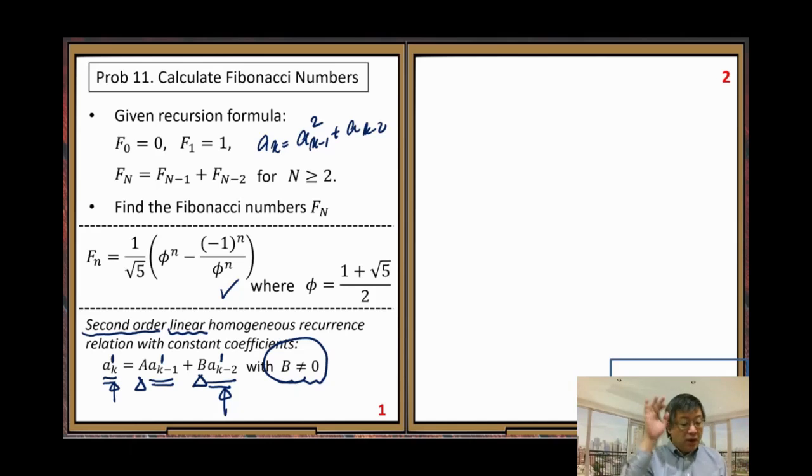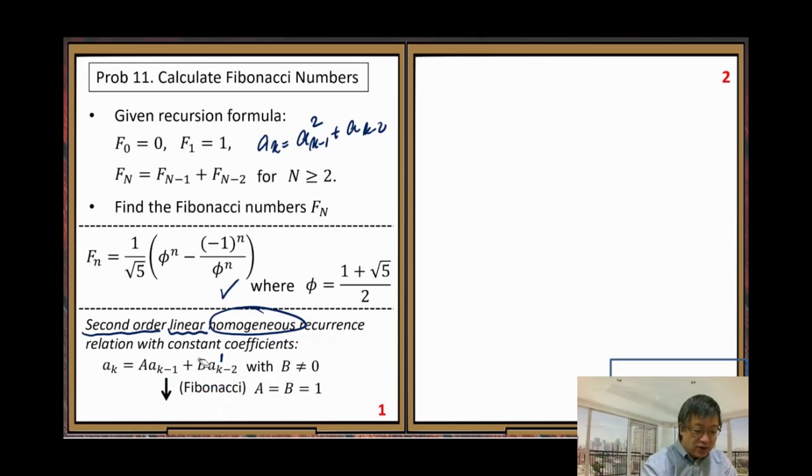All right, so the last terminology, homogeneous. What do you mean homogeneous? Let me tell you the non-homogeneous case, so you will get the idea. For the Fibonacci, capital A, capital B, both 1, and it is simplified to this one. Let me just use this example.